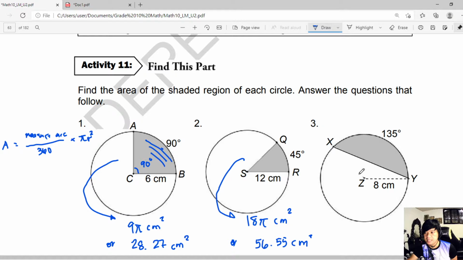So in finding the segment, first identify the sector of the circle, and after that you identify the area of the triangle formed and subtract the area of the triangle from the sector para malaman natin yung segment of the circle. So we're looking here, itong shaded portion, this is the segment of the circle.